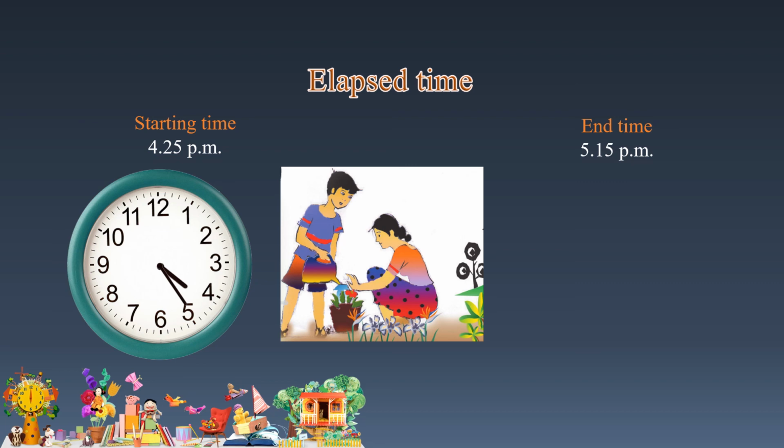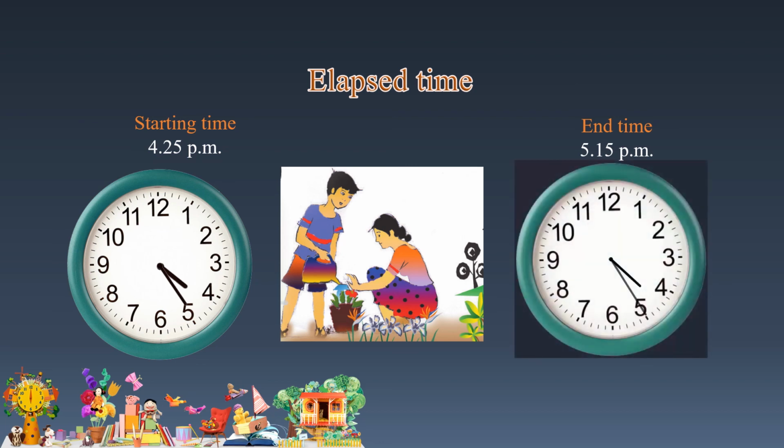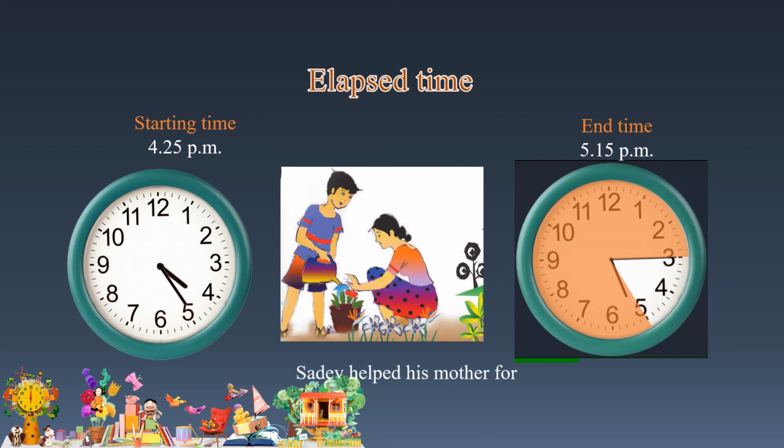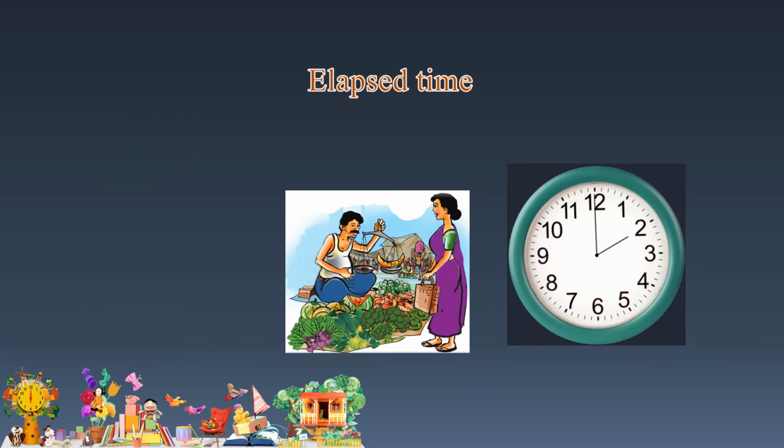Actually, elapsed time in sense the difference between the end time and the starting time of a certain work. So they have started it at 4:25 p.m. and they have ended it at 5:15 p.m. Therefore, I can say Sadev has helped his mother for how many minutes? 50 minutes.